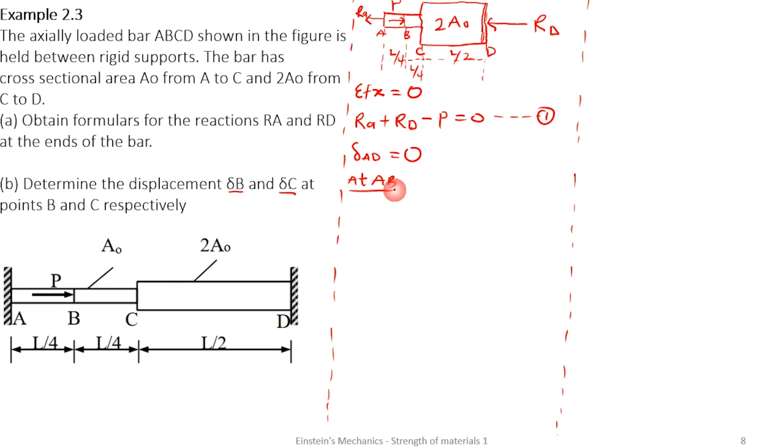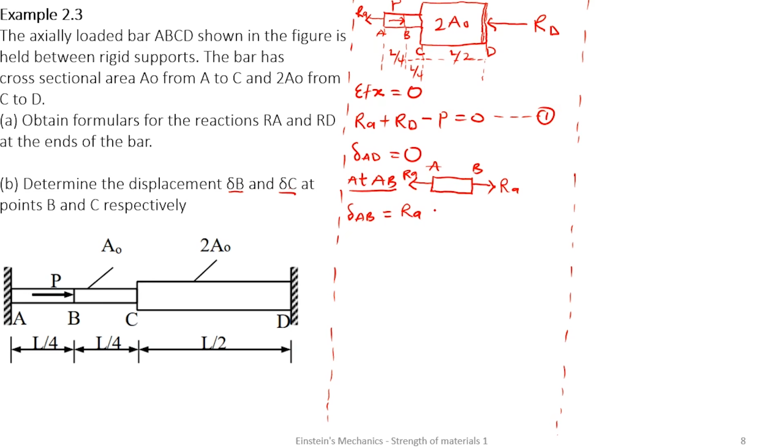I'm taking AB first. When I section AB, I'm going to get this free body diagram. From A to B, I have this reaction here, RA, and when I section this I'm going to get another reaction RA in AB. And we know that the elongation in AB is going to be the force, which is RA, multiplied by the length.